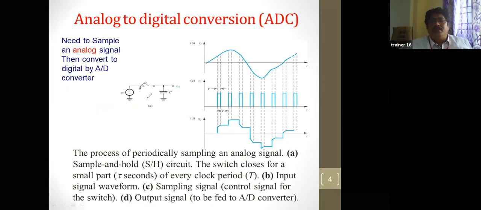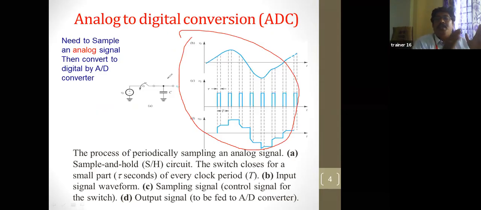If you see clearly, this process is nothing but periodically sampling the analog signal. This diagram is very important. We have to draw it. In the last class I clearly showed the variation in the figure. See here, this is the analog signal. First one is sample and hold.